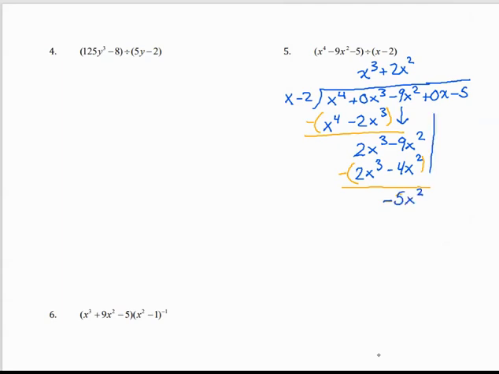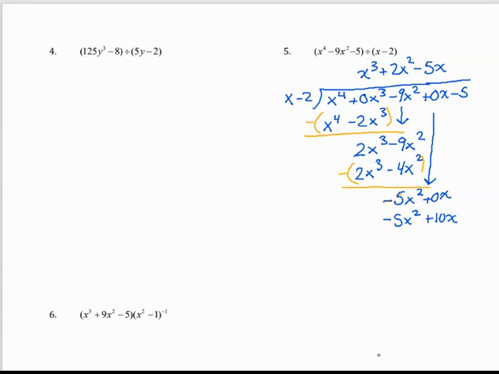And then we bring down our 0x. And that's okay that it's a 0x. There's still 2 terms there. So how many times does x go into negative 5x squared? It goes in negative 5x times. And I multiply. Negative 5 times x is negative 5x squared plus 10x, right? Negative times a negative.